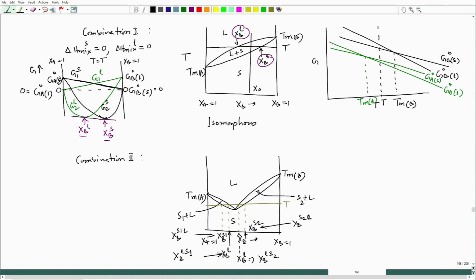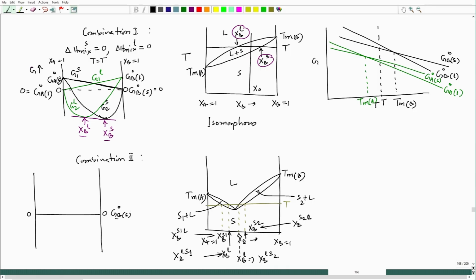And here if I try to look at the free energy composition plot, so this is the temperature which is below melting point. So, 0 0, this should be solid. Please understand that this reference value is chosen as per the stability of that phase of that particular metal at that temperature.